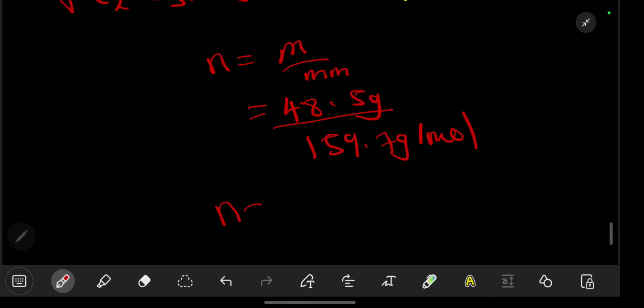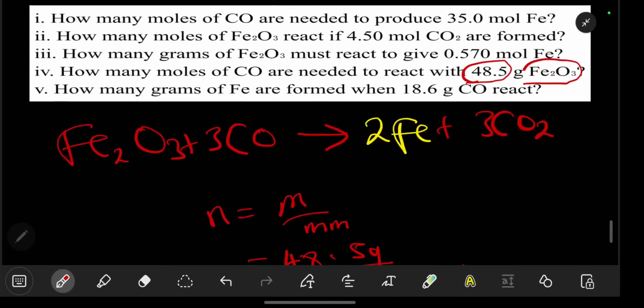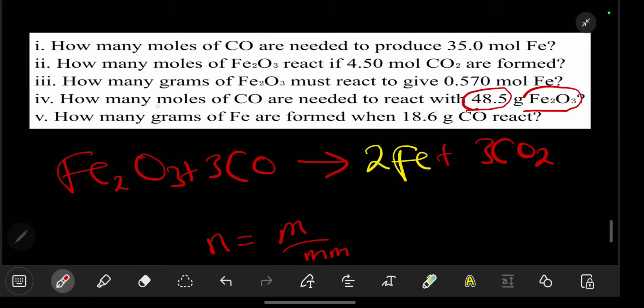So 48.5 divided by 159.7 is going to give us 0.304 moles.